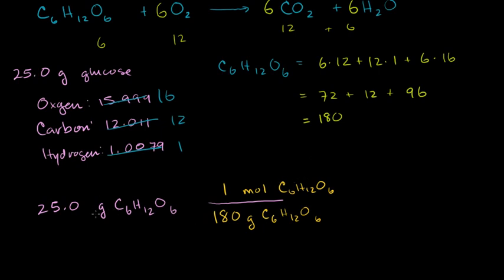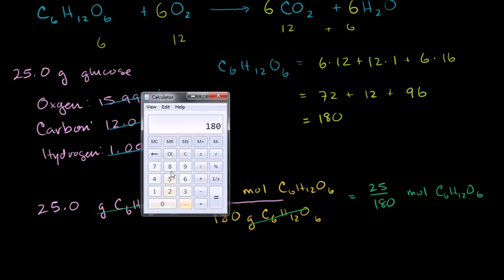These units cancel out with those units. And so we just take 25 times 1 divided by 180. So this is equal to 25 over 180. And all we're left with in units is moles of C6H12O6, or glucose.